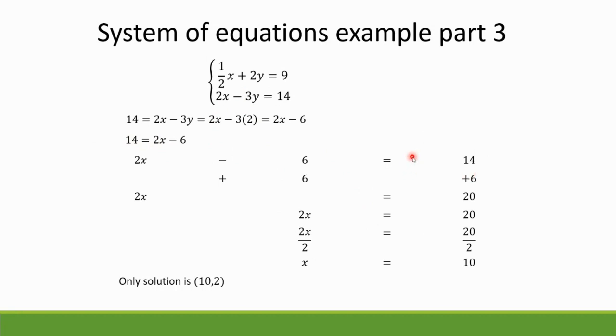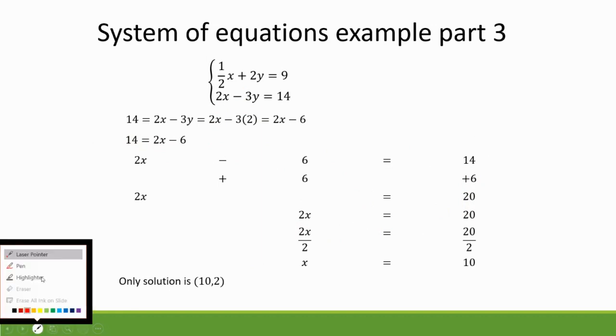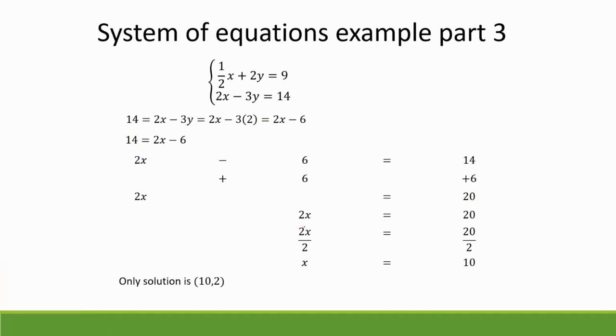So we add 6 to both sides, and we get 2x equals 20. But we don't want 2x. We want x. How do we do that? We just divide by 2. Divide both sides by 2. We get x on the left equals 20 over 2, which is 10.